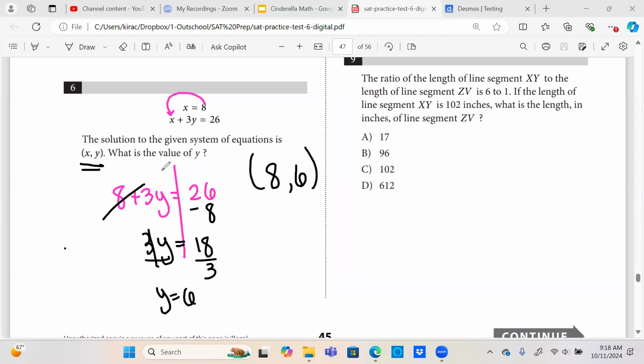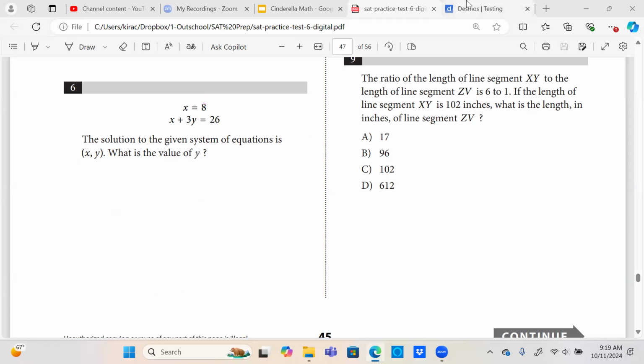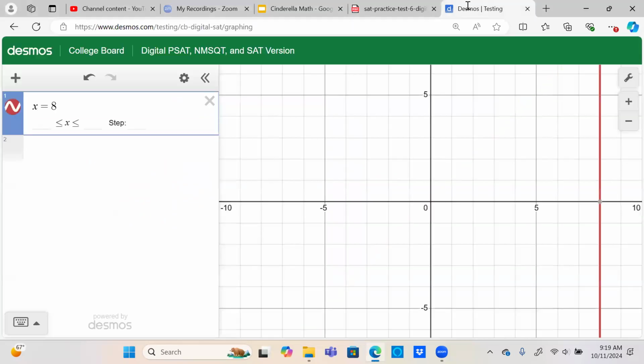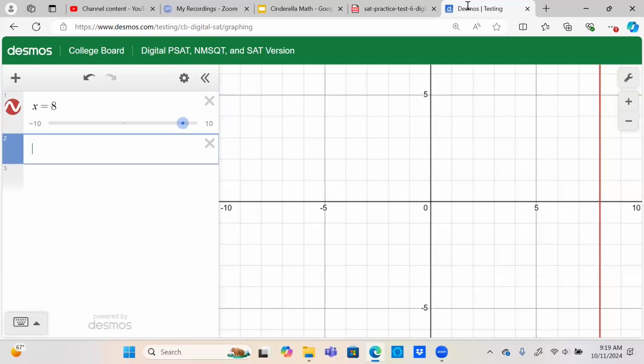You could also do that on Desmos, and I'll show that now. I don't know if that's any faster, but I will show you that option. Okay, to do it on Desmos, in your first line, you would say x is 8, and then your second line was x plus 3y equals 26.